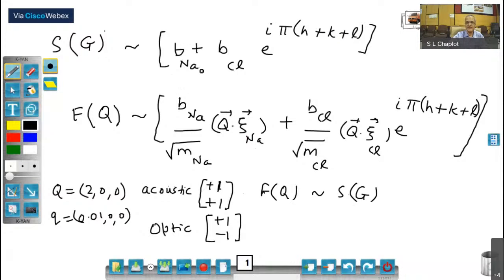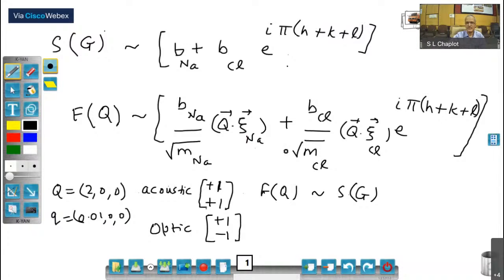For the Bragg case, you have the two terms with a plus sign in between, and for the optic phonon case, it is a minus sign here. Now, if I take two specific examples, for 200 you don't really see a problem, because for 200 this term just becomes 1, and therefore you get plus and minus 1 here.